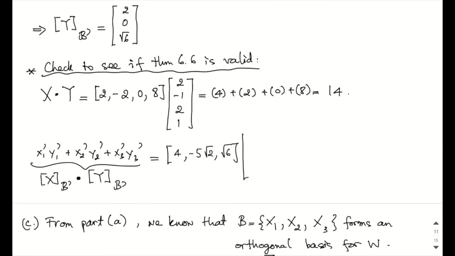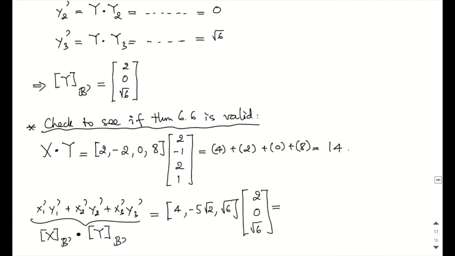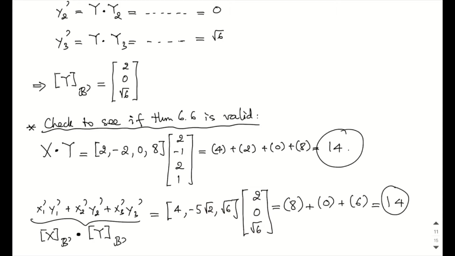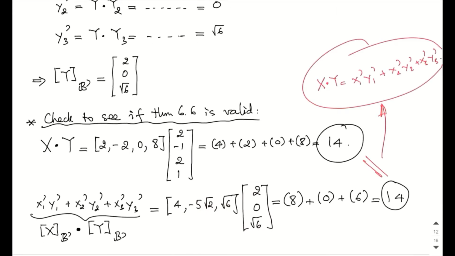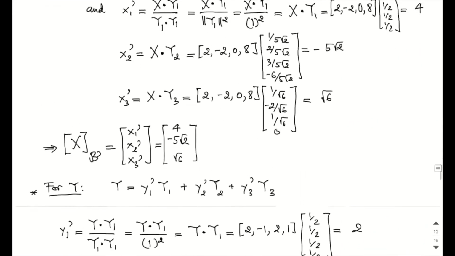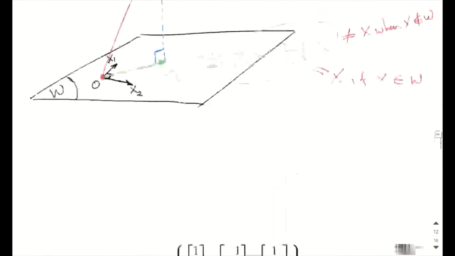And then you multiply with coordinate of y, 2, 0, root 6. 4 and 2, that is 8. -5 root 2 and 0, how easy, right? Root 6 and root 6, so that's going to give you 6. And you sum up and you get 14. They are really equal.